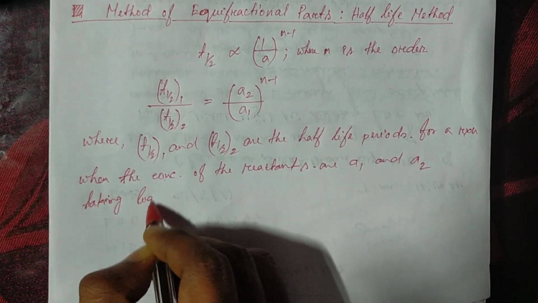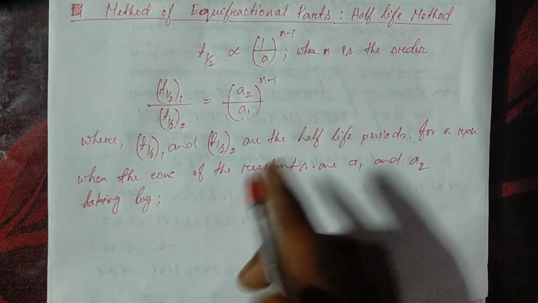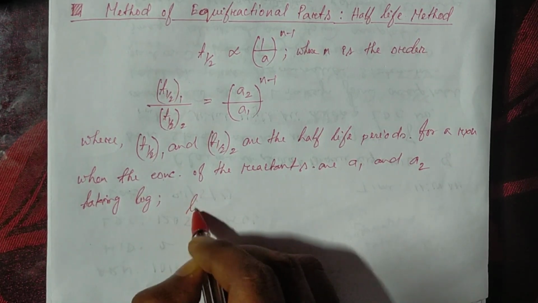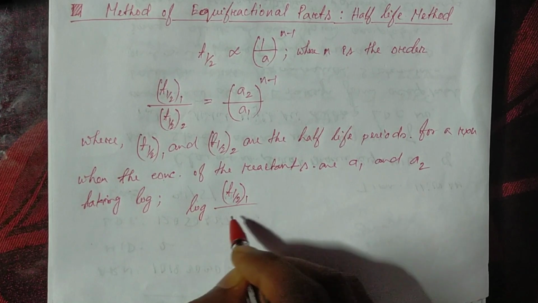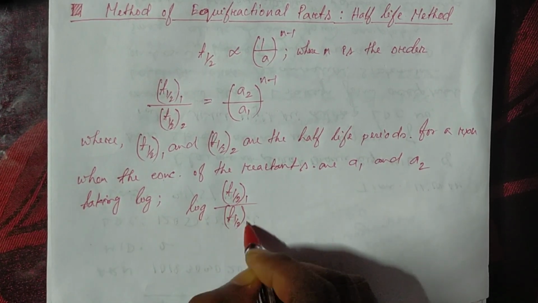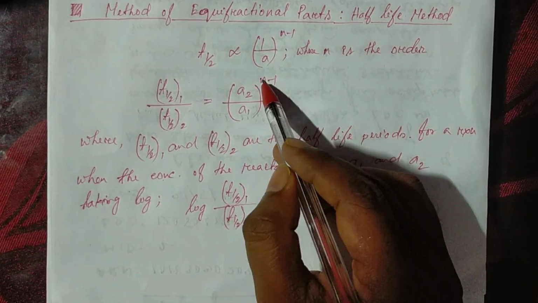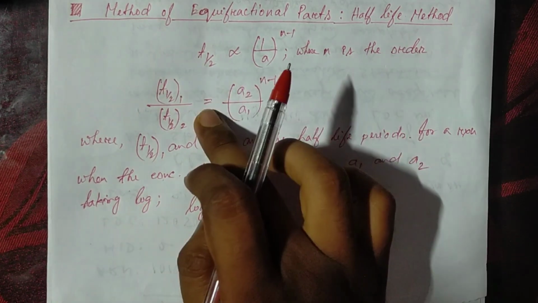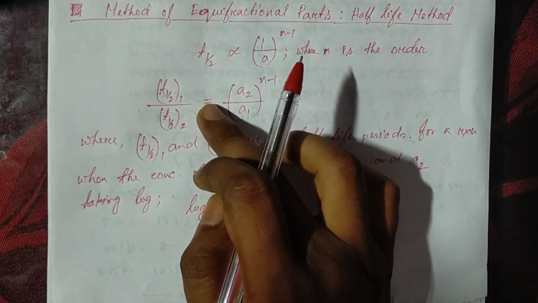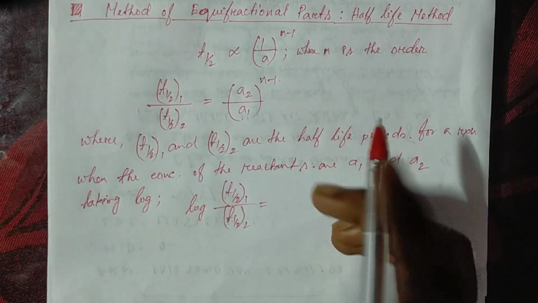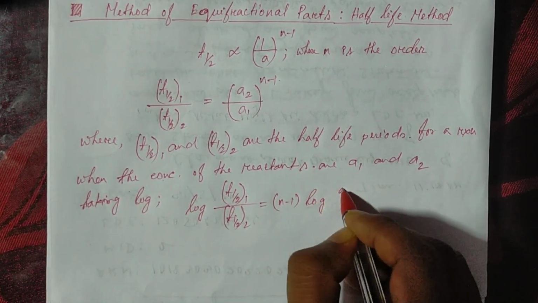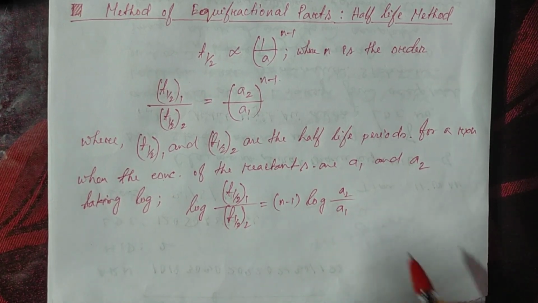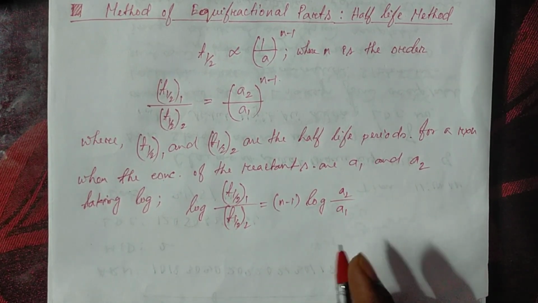Okay, so when we take the log of this equation, it gives log (t half 1 by t half 2) is equal to n minus 1, which comes in front of the log, so it will be (n minus 1) log (a2 by a1).